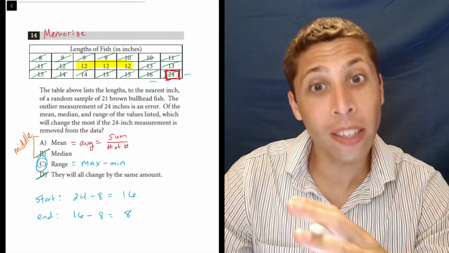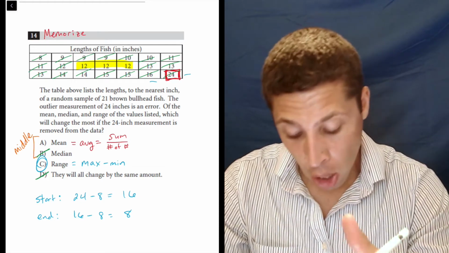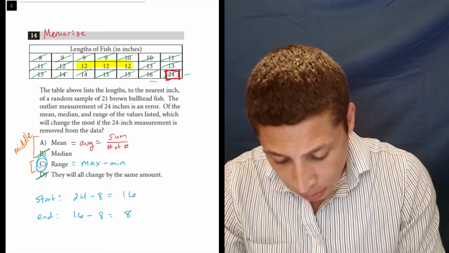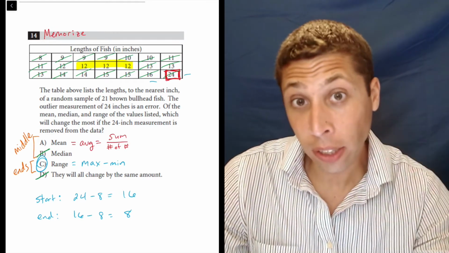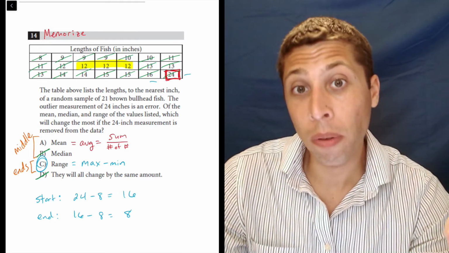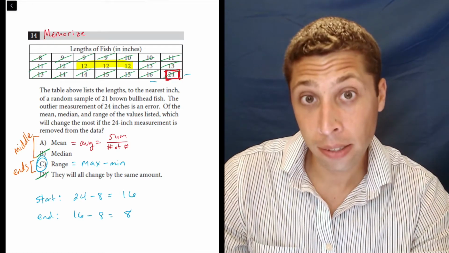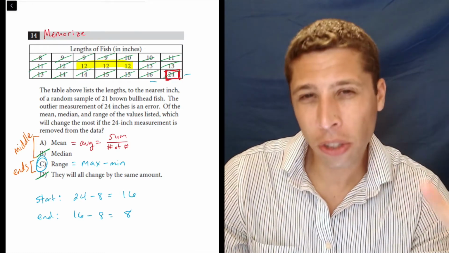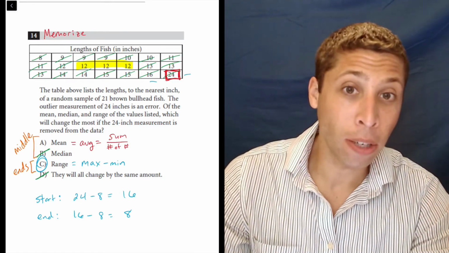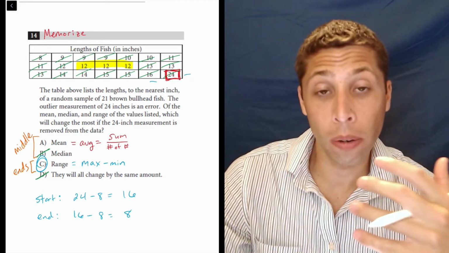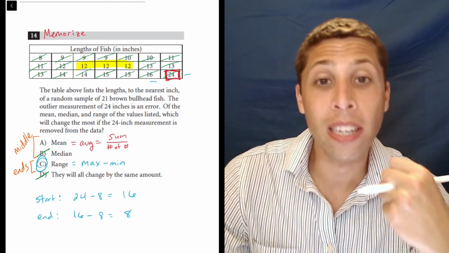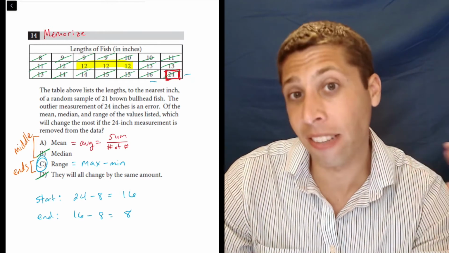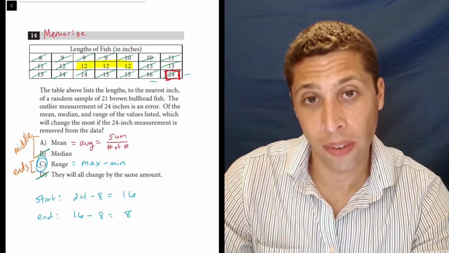But they basically are about the middle of the data. Whereas the range is much more focused on the ends of the data. And so if the story is telling me to remove one of the ends, I know from the start that the end is going to be much more affected. Or to put it differently, the values that depend on the end of my data are going to be much more affected.